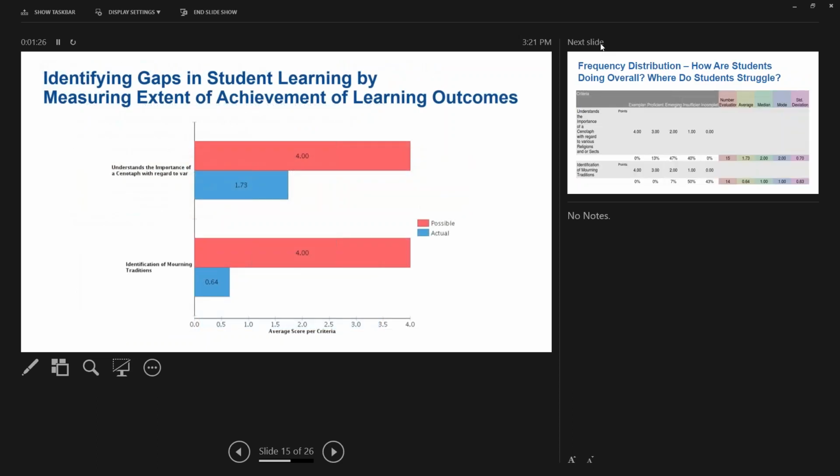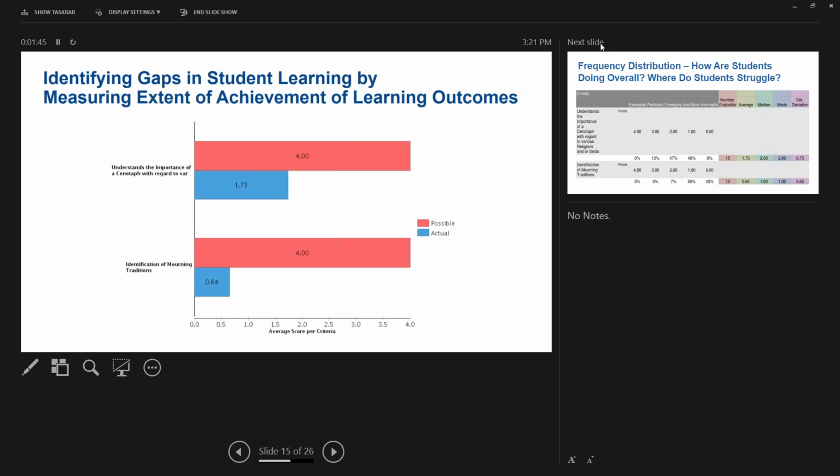This is even more telling. So we can help identify those gaps in student learning and measure the extent of the achievement of learning outcomes, whether it's general education or in this case, program student learning outcomes. So related to their learning outcomes on their curriculum map, these were the 2 criteria on their rubric.